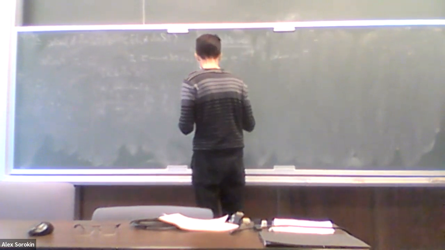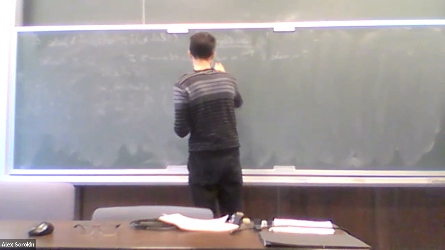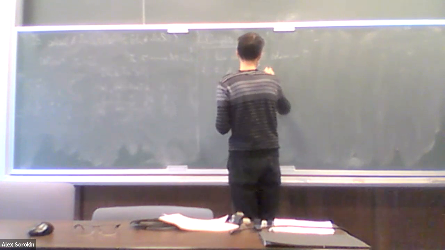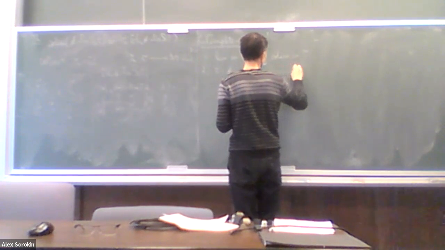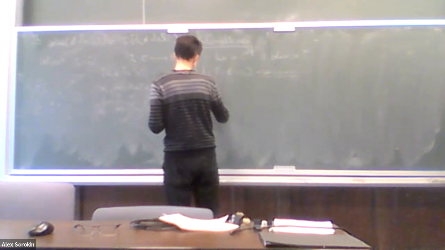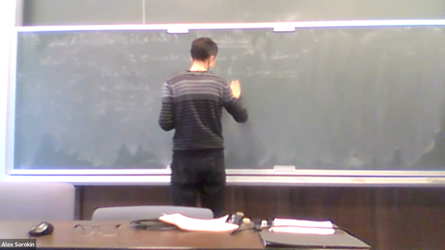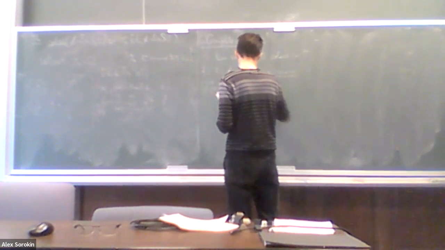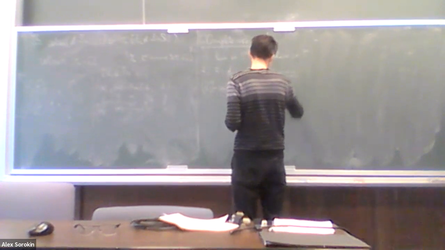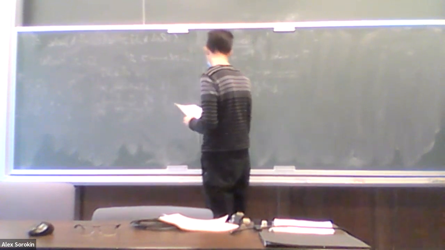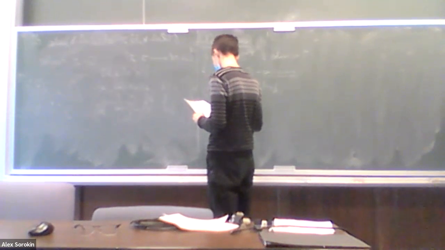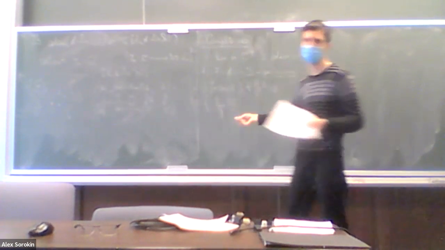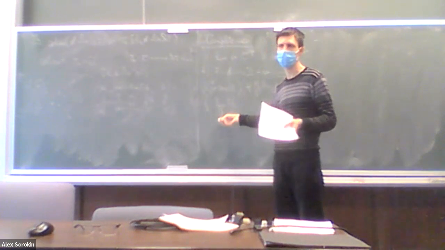Second. F from category A to category B is continuous if for every small category J and for every diagram K from J to A, we have that the limit over J of FK, with its natural universal cone beta, is the same as F of the limit over J of the diagram K and its universal cone L. Sometimes we can write over what category we are taking that.